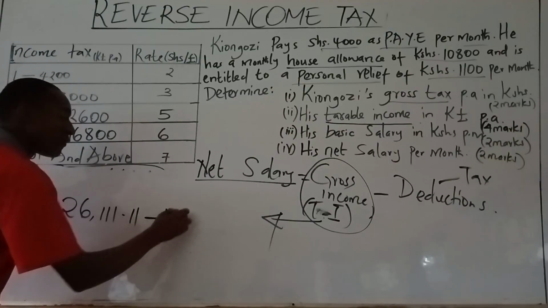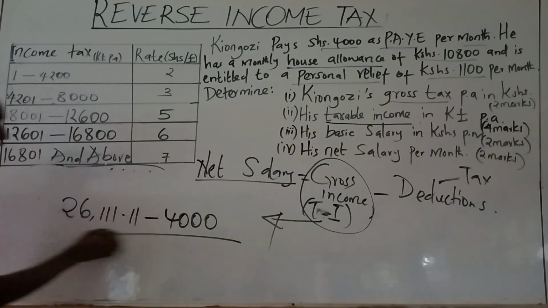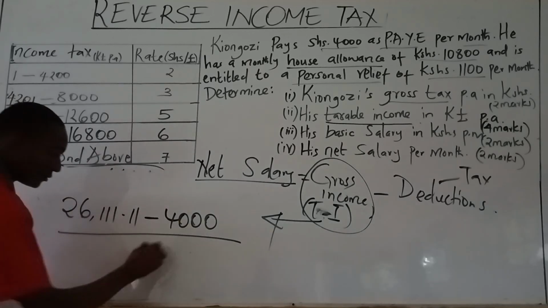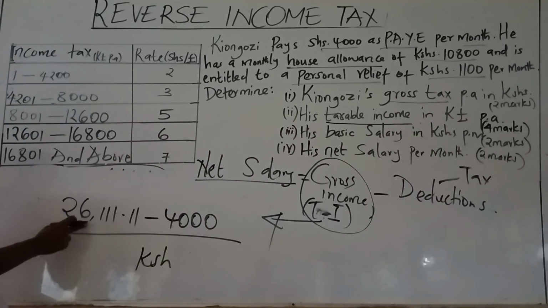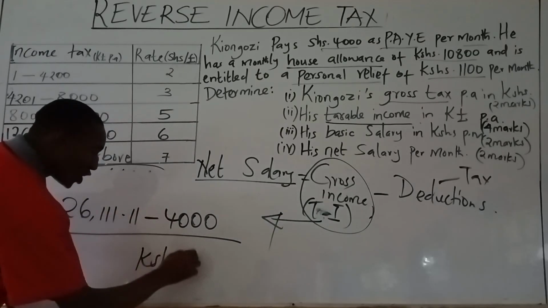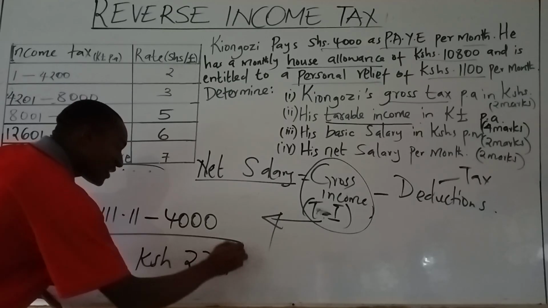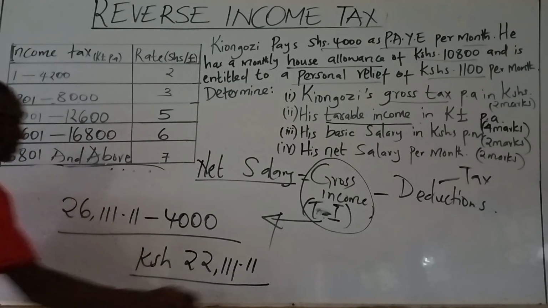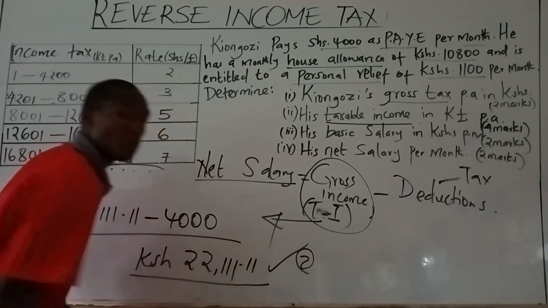So we subtract 4,000 shillings from the gross salary. 26,111.11 minus 4,000 gives you 22,111.11. That gives you the last 2 marks.